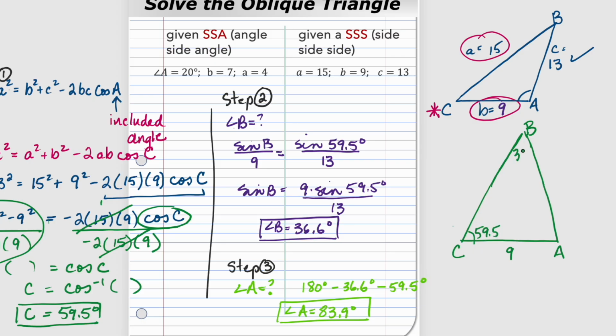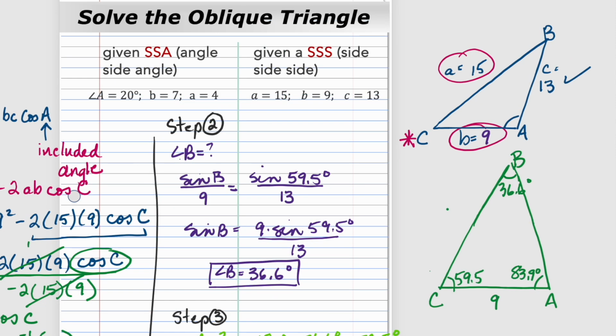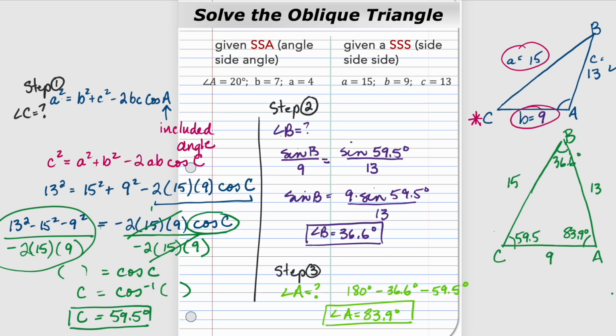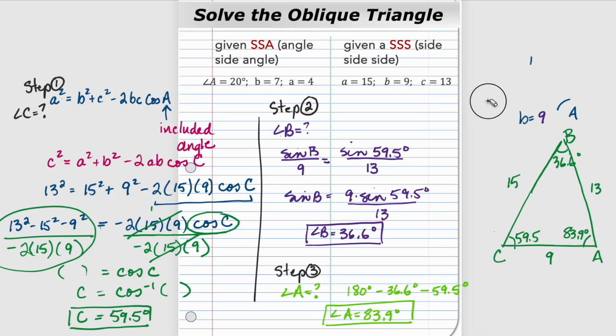B is 36.6. A is 83.9. Side length A is 15 and side length C is 13. That looks a little bit better. Don't panic if your triangle doesn't work out initially. You can adjust it after, just as we've done. Grab that eraser and get rid of it. There you go.